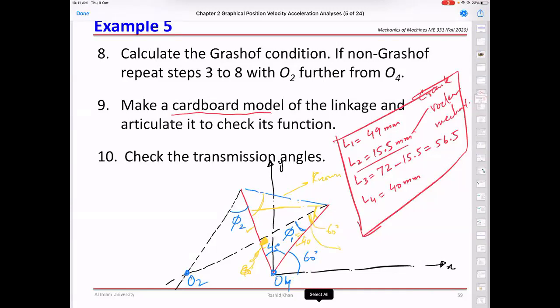If we can find this angle, or at least calculate the total angle, let's say this is theta, then we can get phi 1. So try to solve for this side or this angle, and then we can find phi 1. Anyway, let me stop here. I will continue in the next lecture.